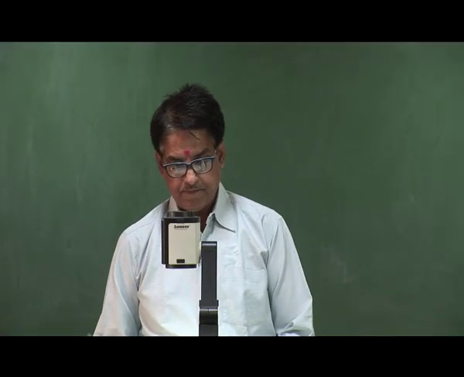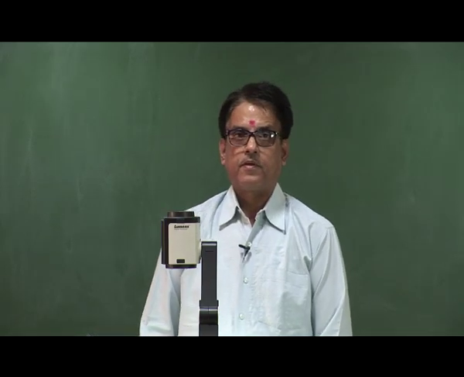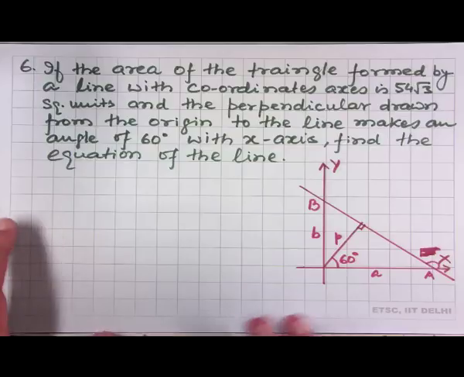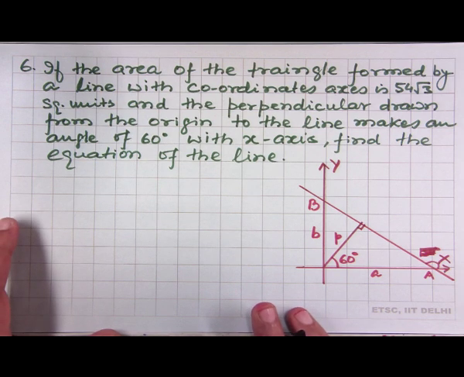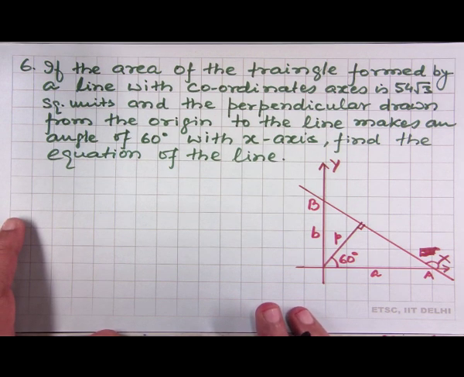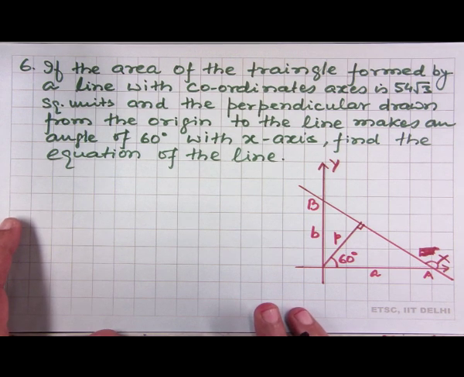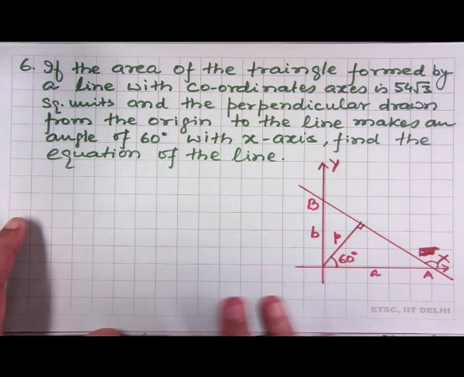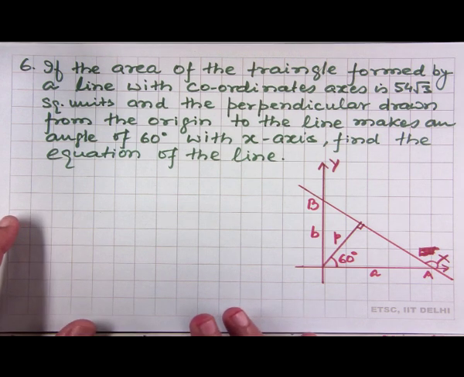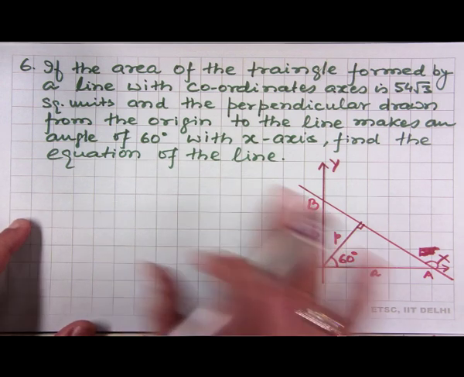Now another problem. If the area of the triangle formed by a line with coordinate axis is 54 root 3 square unit and the perpendicular drawn from the origin to the line makes an angle of 60 degree with x-axis, find the equation of the line. We have to find the equation of this line AB.